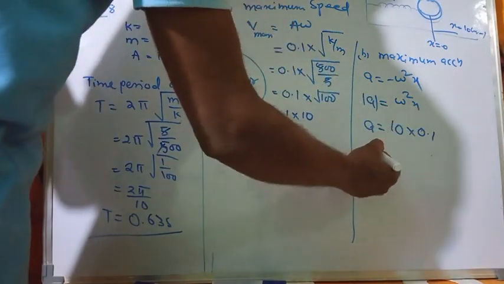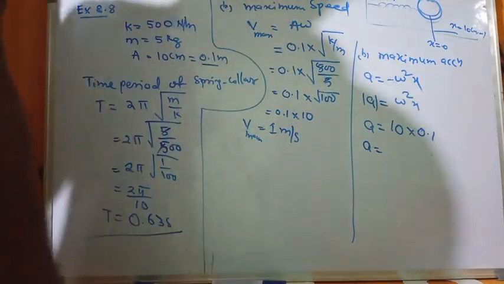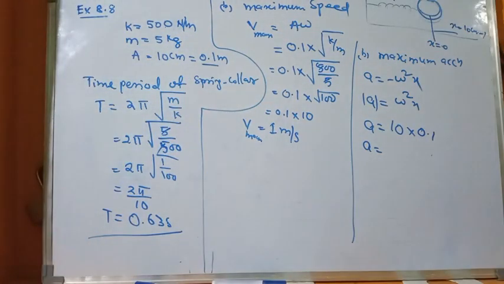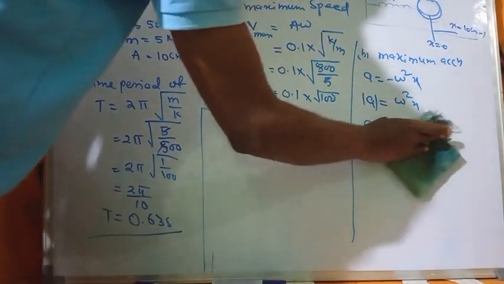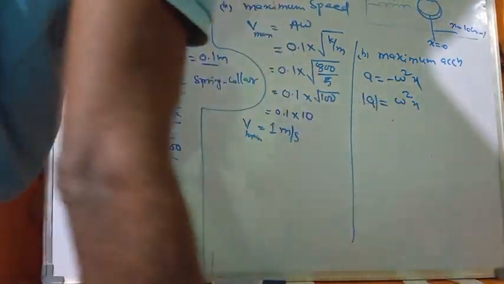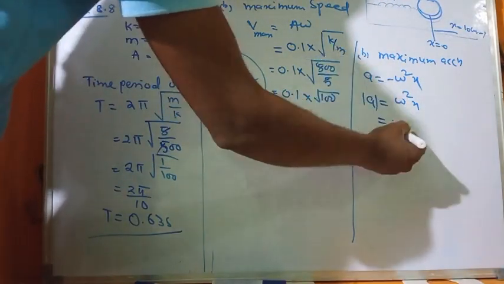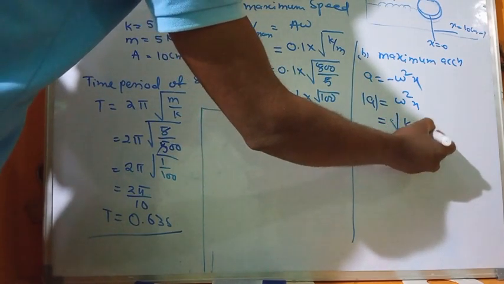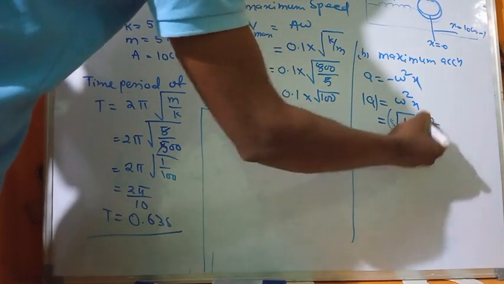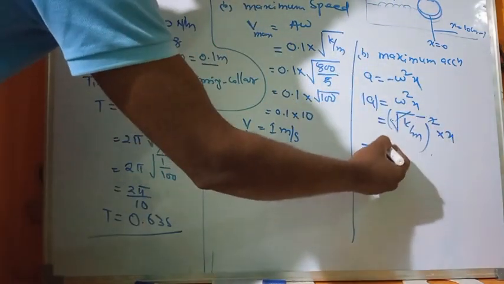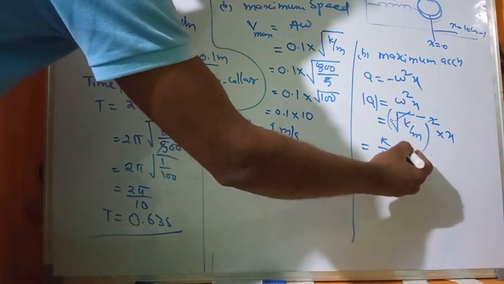Sorry, this omega is wrong here, it should be omega square. So write down omega square. Omega is equal to under the root of k by m, and with the square the root cancels, so k by m into x.